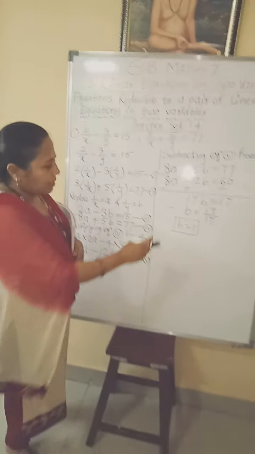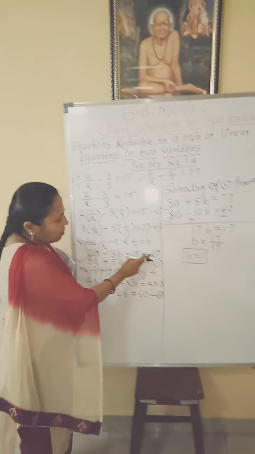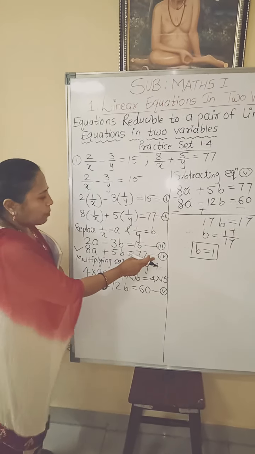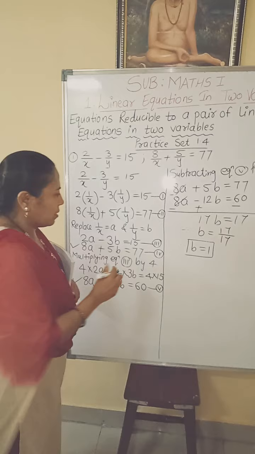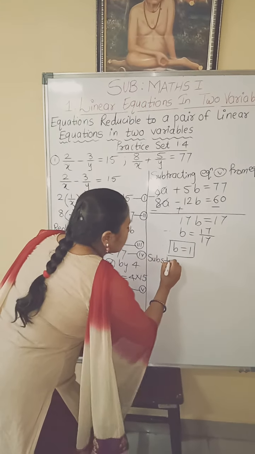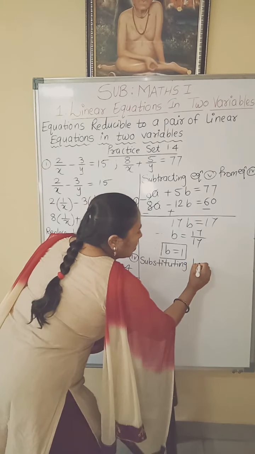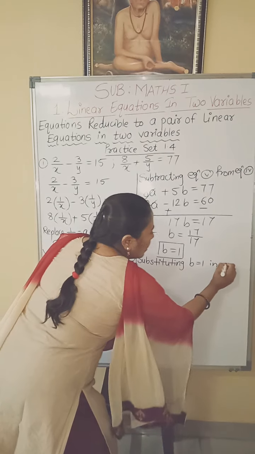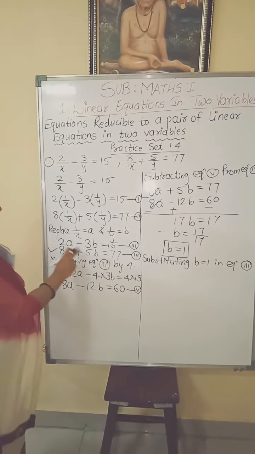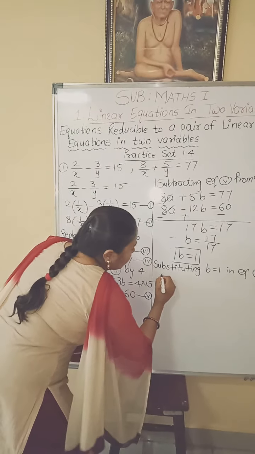Okay students, now the value of b we will substitute either in the third equation or in the fourth equation. Now I am going to substitute in the third equation. Substituting b equal to 1 in equation 3. So write equation 3 first: 2a minus 3b equal to 50.